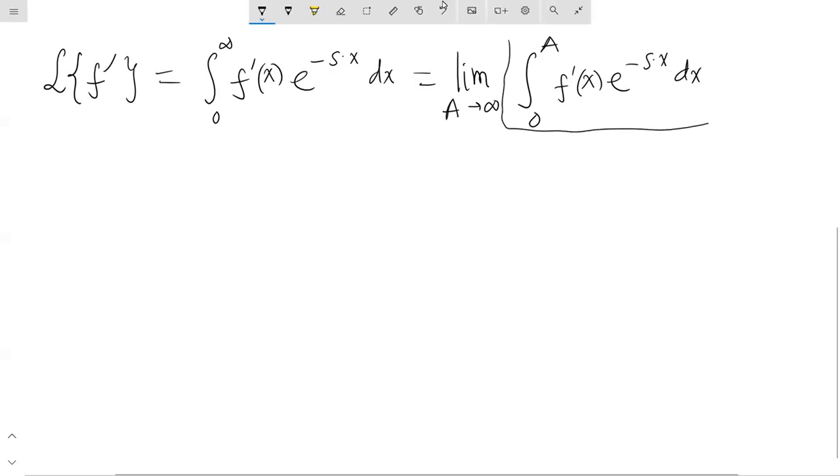For this integral, we see that we have f prime and then an exponential.